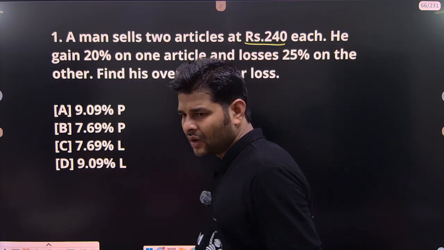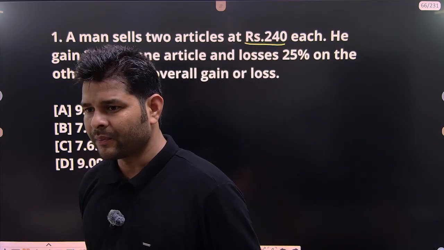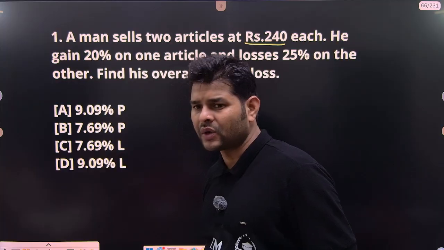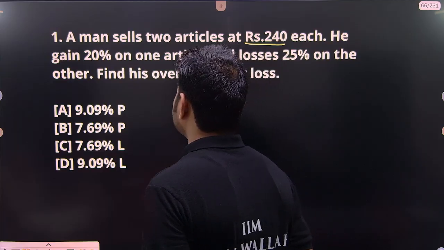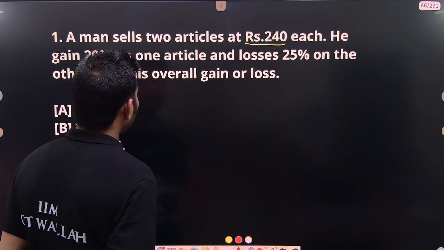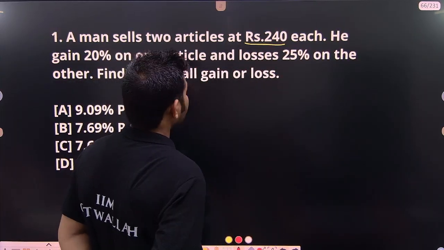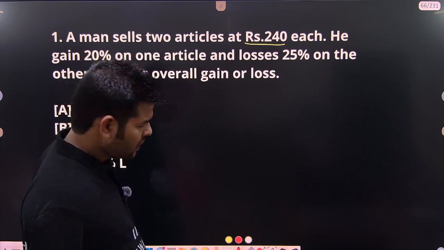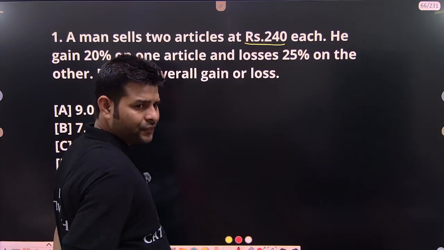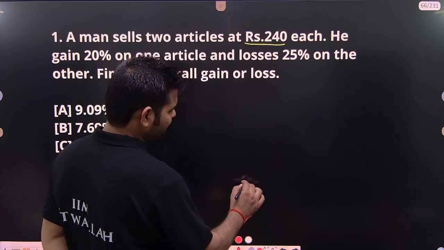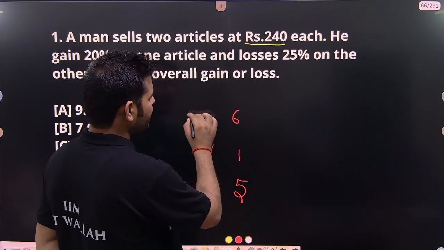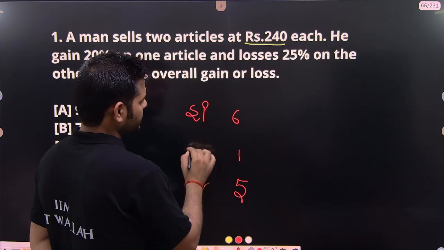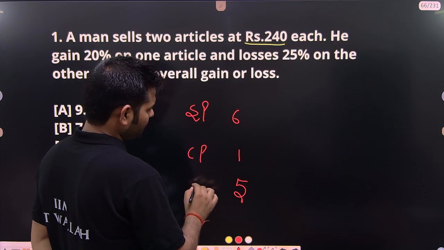The SP of both the articles is the same because each and every article has been sold at rupees 240. He gained 20% on one article. Gain means profit. So 20% would be 1 upon 5. So if CP is 5, 1 would be profit, then 6 would be SP. So this is the condition of the first article.